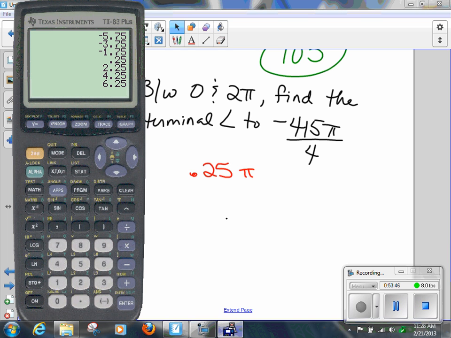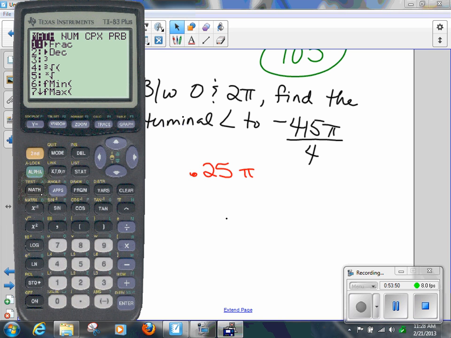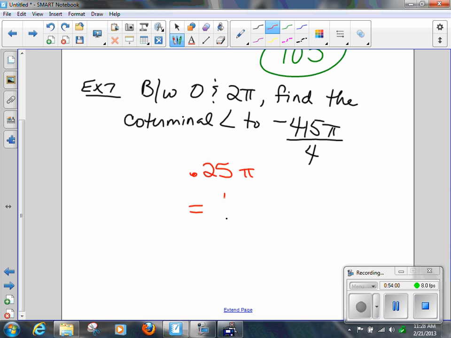You're going to take 0.25 and math frac it, and it will tell you that it is 1/4, which means what is my coterminal angle? Pi over 4. Did you see that?